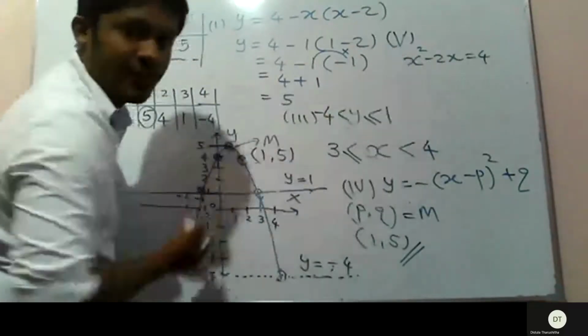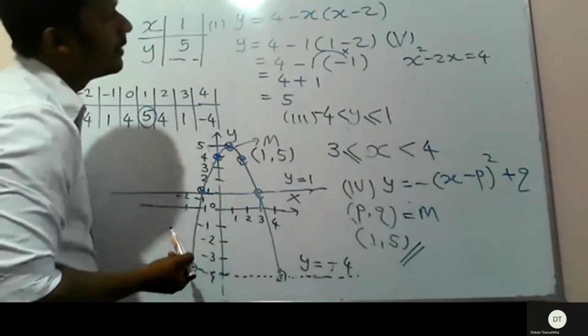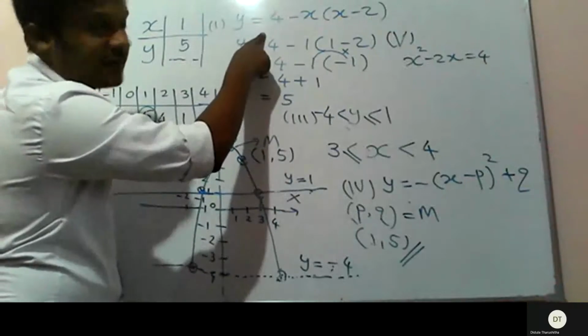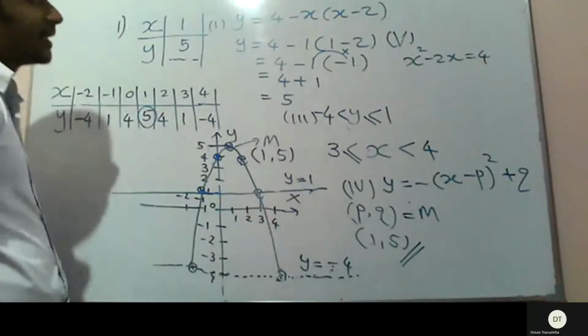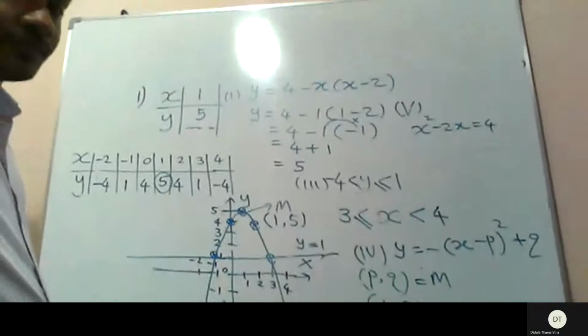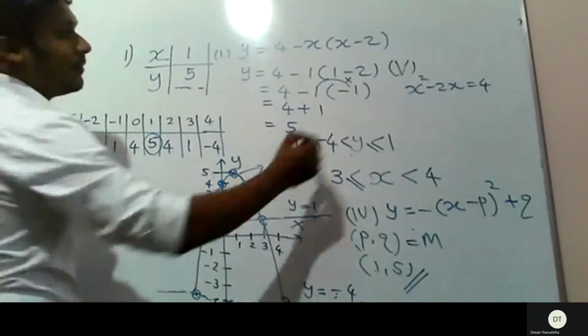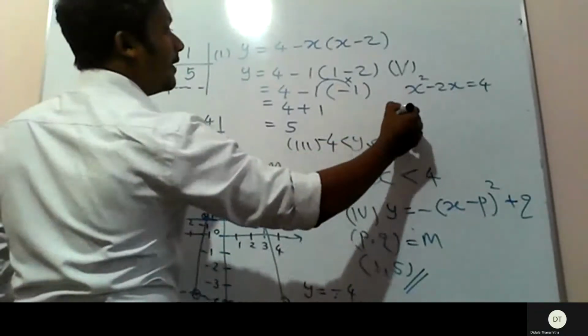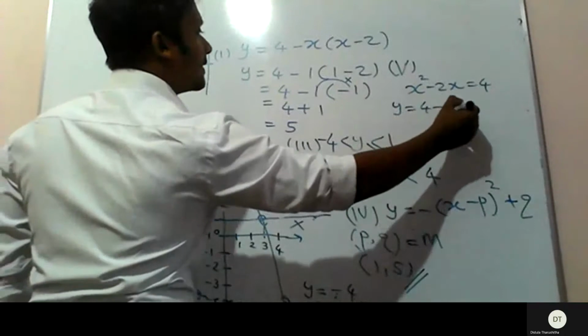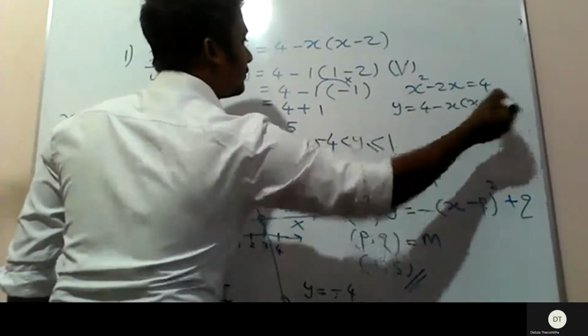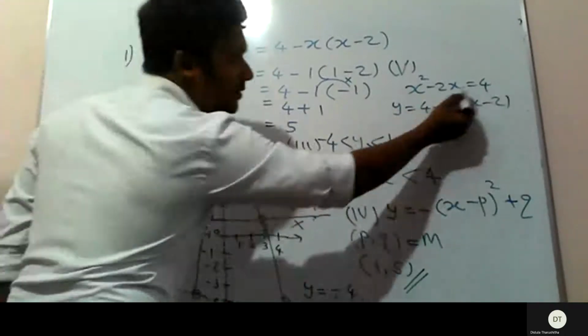Find the positive value of this function. Now this is the function y equal 4 minus x into x minus 2. Try to expand this bracket.